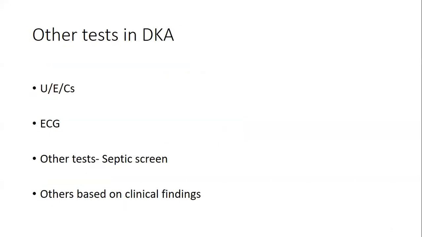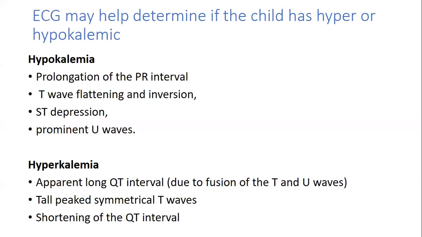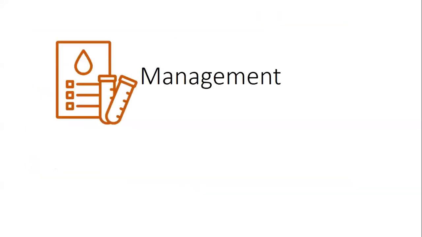The other tests you do: UECs, because remember we said that there's loss of electrolytes; ECG to monitor for hyper or hypokalemia; a septic screen; and other tests based on clinical findings. ECG findings in hypokalemia: prolongation of the PR interval, T wave flattening, ST depression, or prominent U waves. We are more likely to get hypokalemia than hyperkalemia, but sometimes they have hyperkalemia, especially if they have renal issues.